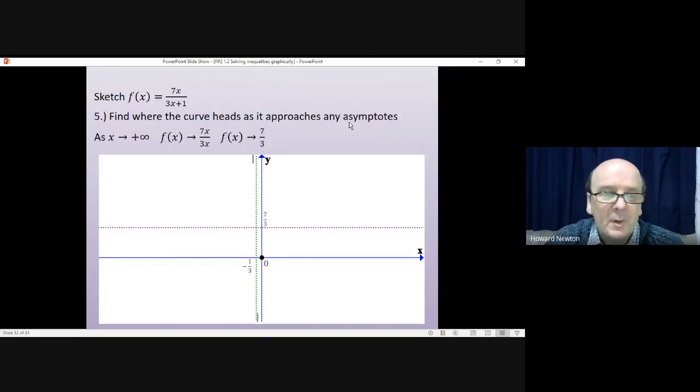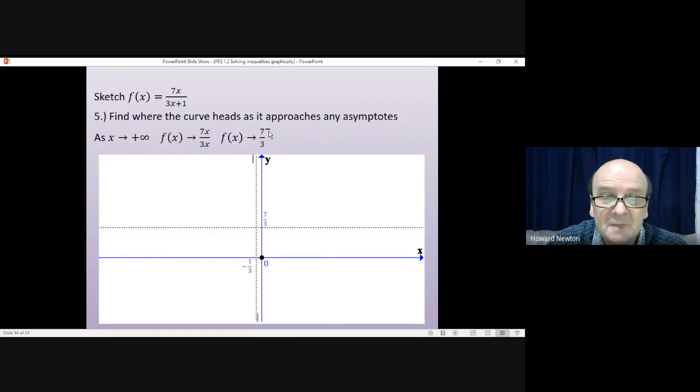So first of all, what happens as x tends towards plus infinity? Well, that's what we've already said. The function tends towards 7/3. But now we need to think in a little bit more detail. That plus 1, we've said it becomes less and less important, but it does exist. So that plus 1 is always there, which means on the bottom, you'll always have something which is a tiny bit bigger than 3x. So this will be a tiny bit bigger than 3, which means when you divide by it, you'll actually get something which is less than 7/3.